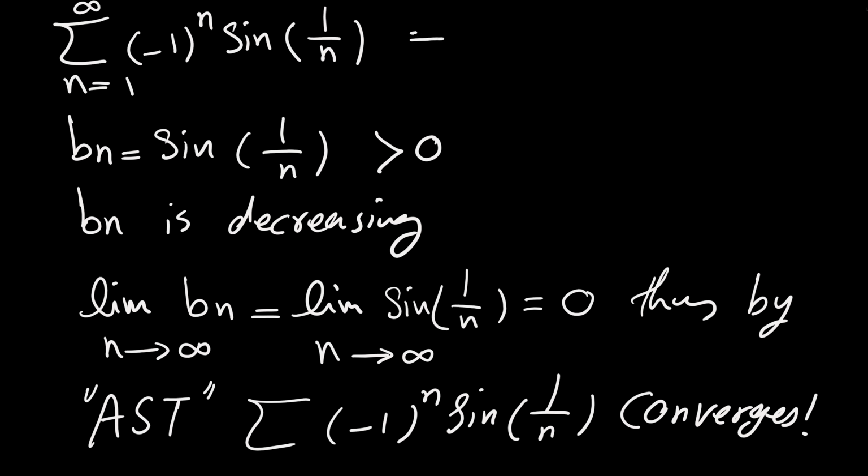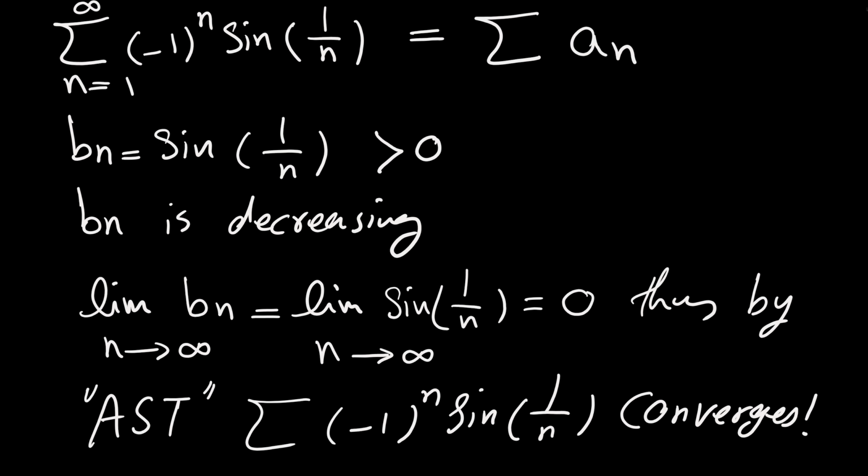Okay, let me call it sigma an. This is sigma negative 1 to the power n bn. Now let's call it sigma an. So the overall negative 1 to the power n sine of 1 over n is an. I want to call it an.